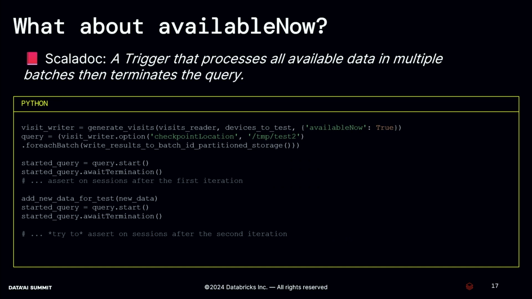You may also be thinking: I don't know processAllAvailable, but I know availableNow, which was added, I think, two versions ago. Why not use it? Technically, it's also a valid solution because it does the same thing and follows the same pattern, but semantically it's a little different. When you look at this snippet, you can see that we are starting and stopping the query, meaning each time we interact with the checkpoint location.